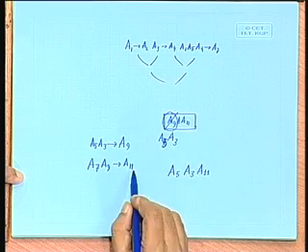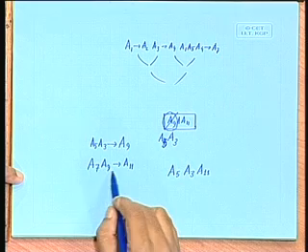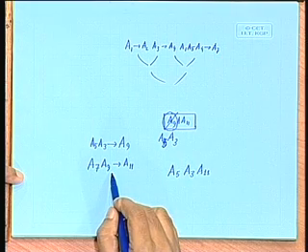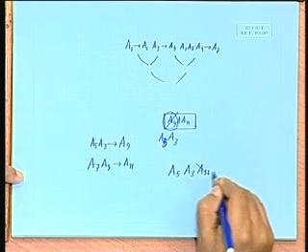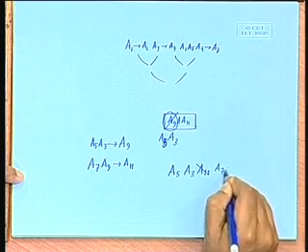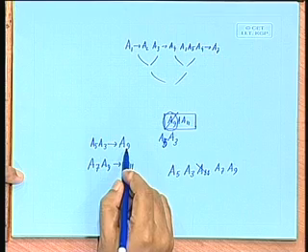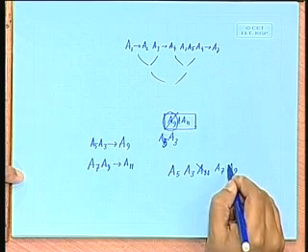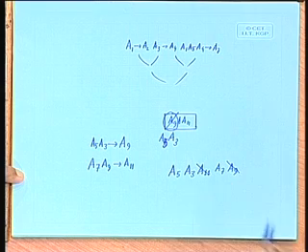Then I look at A11. I can get A11 if I have A7, A9. So, I replace A11 by A7, A9. Then again I can apply this rule to eliminate A9 and I have A5, A3. So, I can eliminate this.